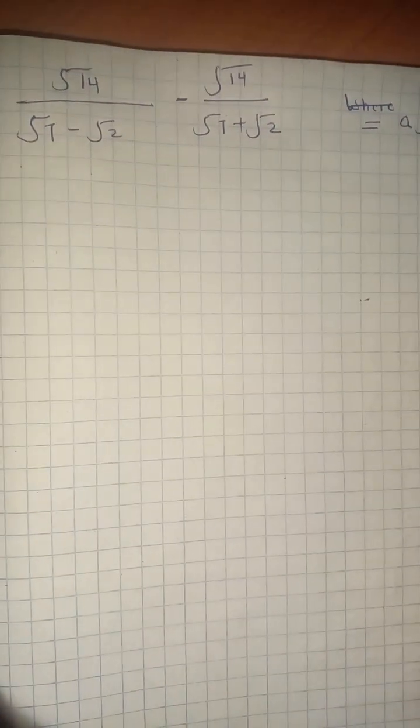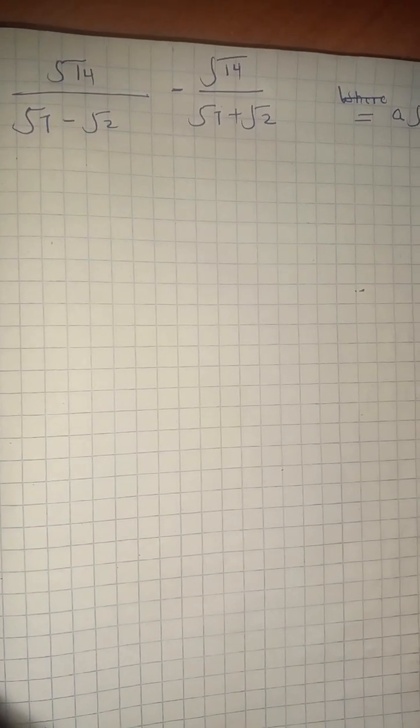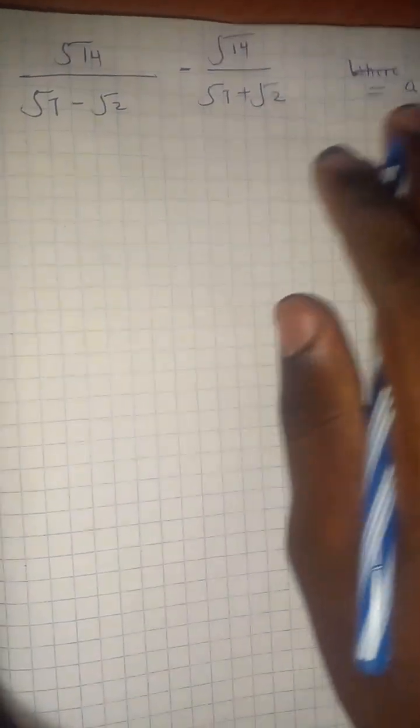Previously we were looking at the simplification of surds. This time we will look at rationalizing of surds.